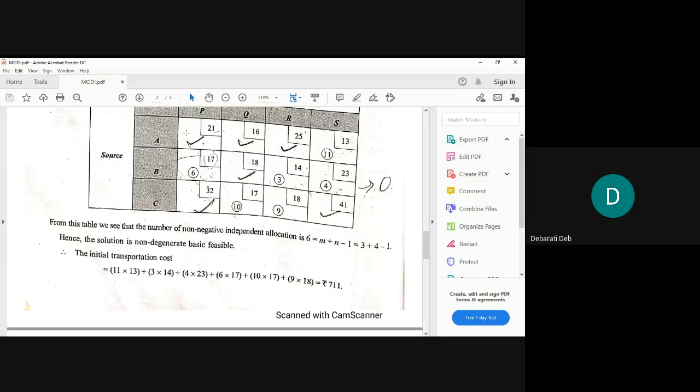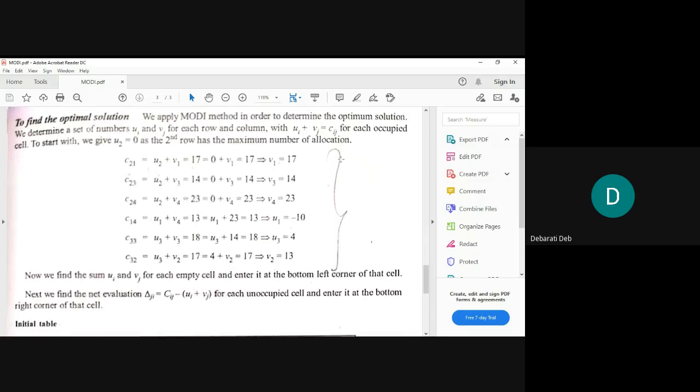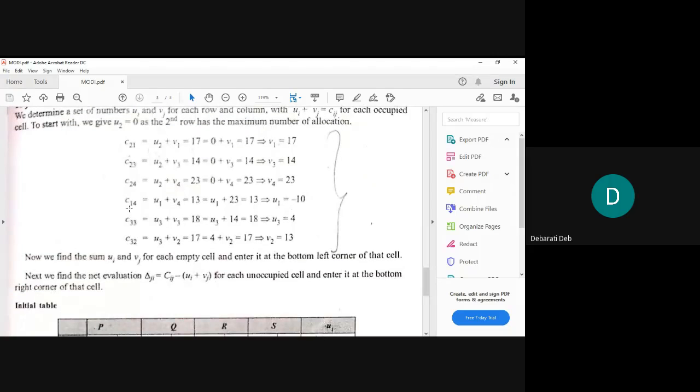Then next write C14, fourth one I am telling you, write C14. That is equal to U1 plus V4 equals 13.